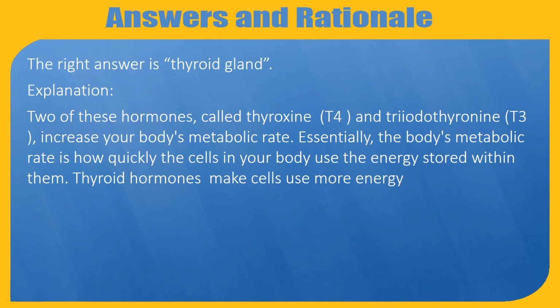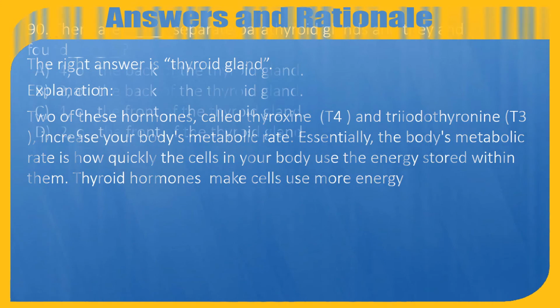Explanation: two of these hormones, called thyroxine, T4, and triiodothyronine, T3, increase your body's metabolic rate. Essentially, the body's metabolic rate is how quickly the cells in your body use the energy stored within them. Thyroid hormones make cells use more energy.